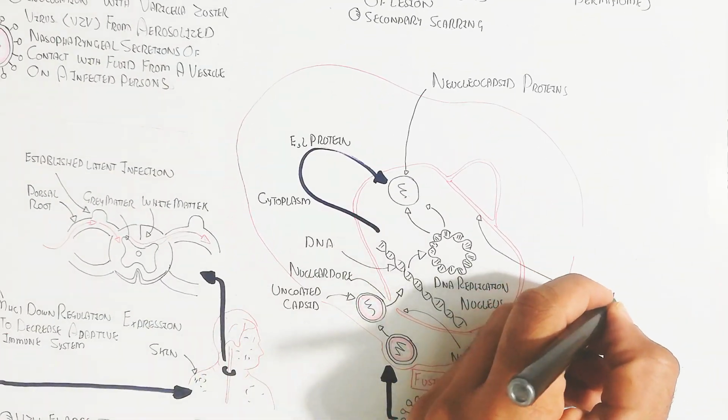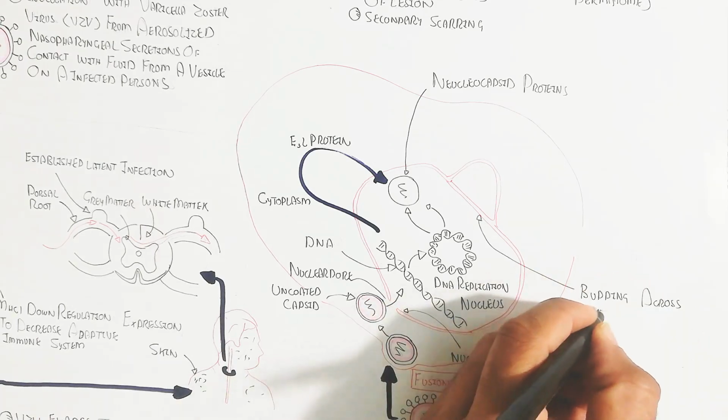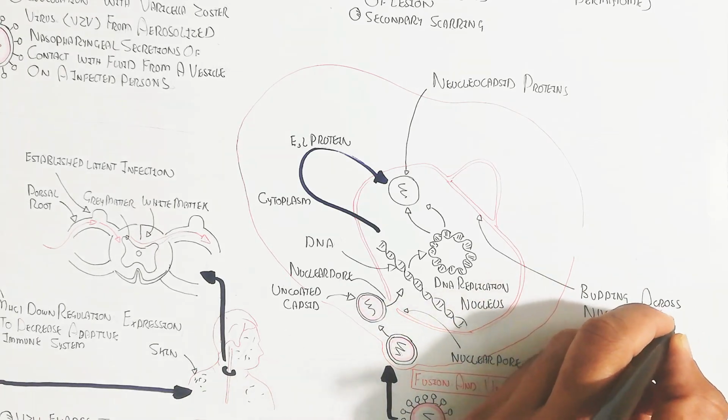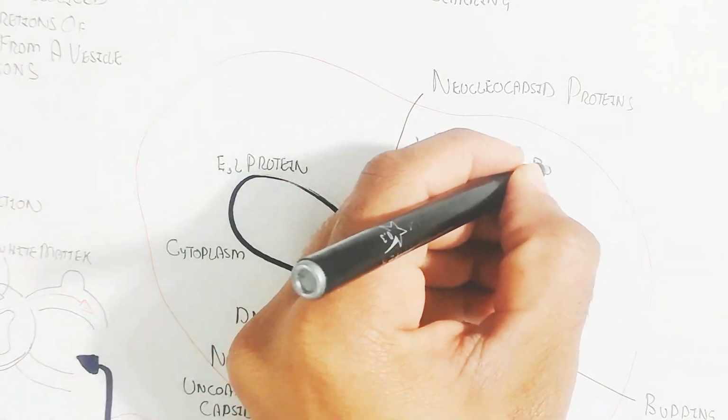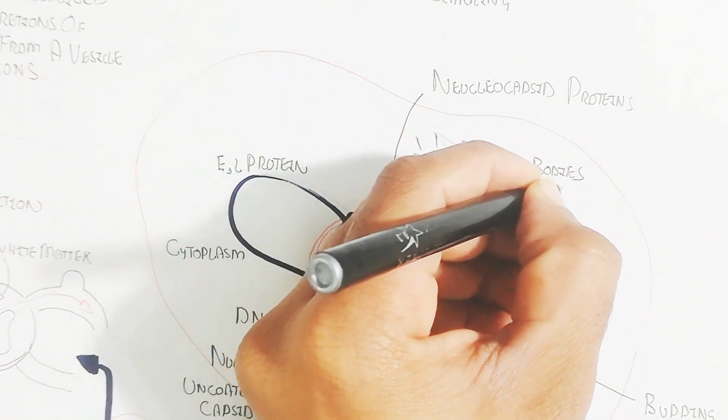After the budding across the nuclear membrane, the assembly and secondary envelopment will occur.